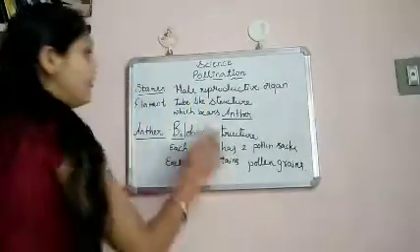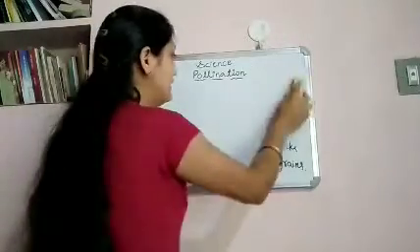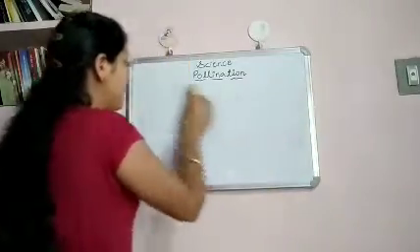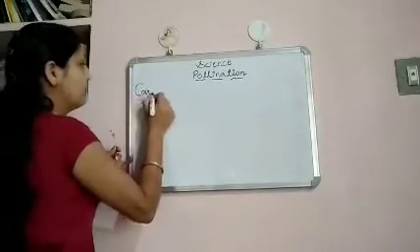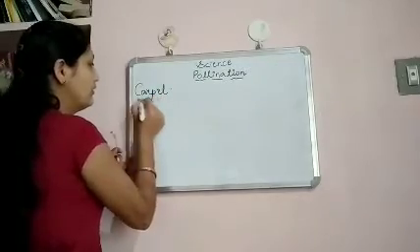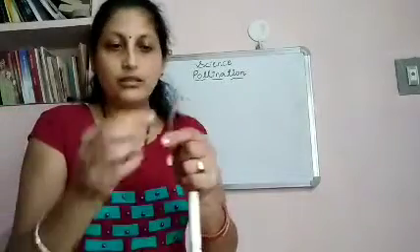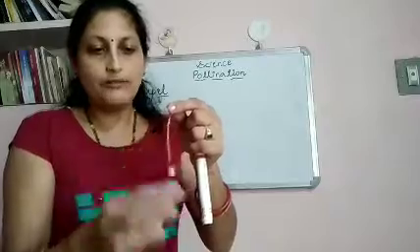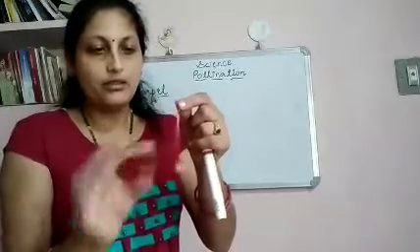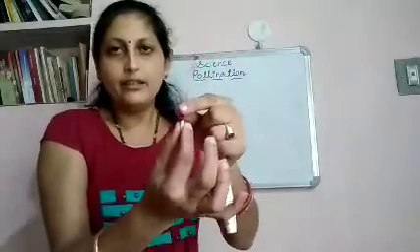And next is the female reproductive organ, that is carpel or pistil. It is also called gynoecium. When you remove these stamens, afterwards what you can see here is a tube-like structure, with a swollen structure at the base, and this is the tip.